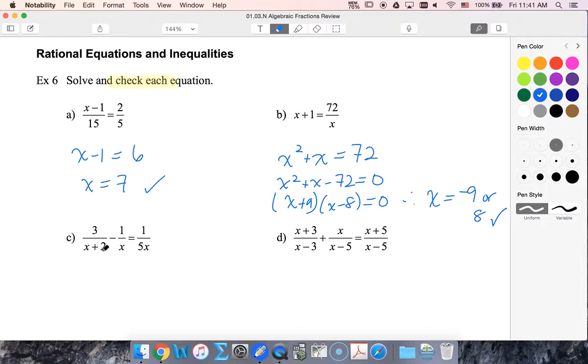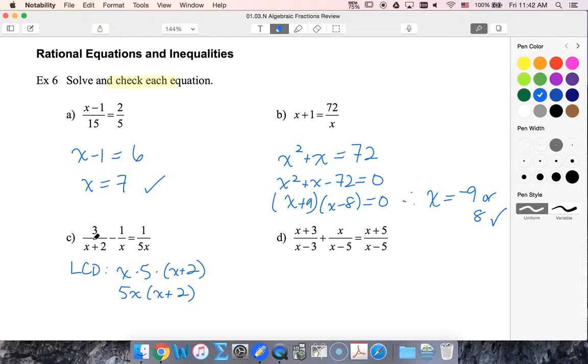In this case, my LCD is the first thing I'm going to think about. So my LCD is going to be x times 5 times x plus 2, better written as 5x times x plus 2.